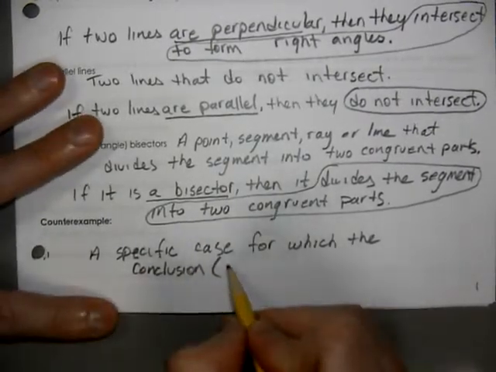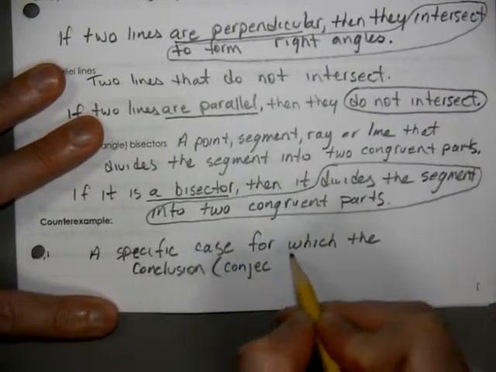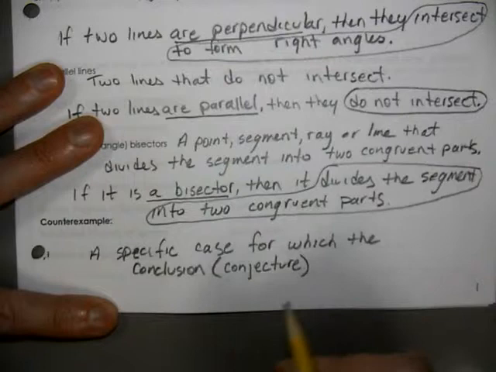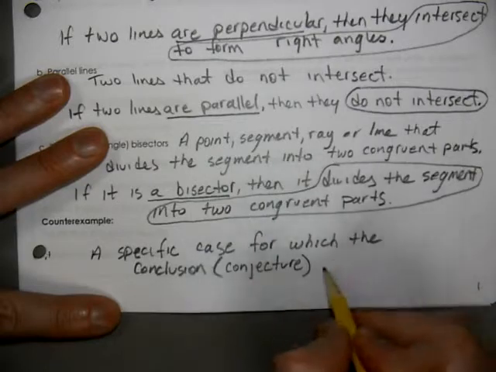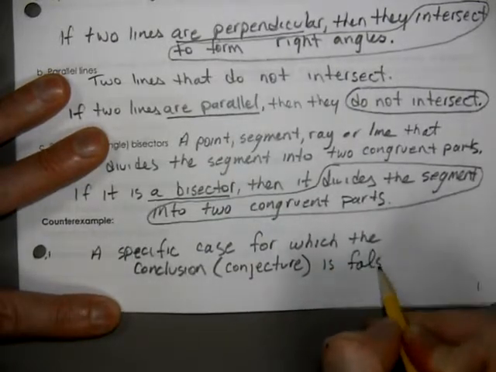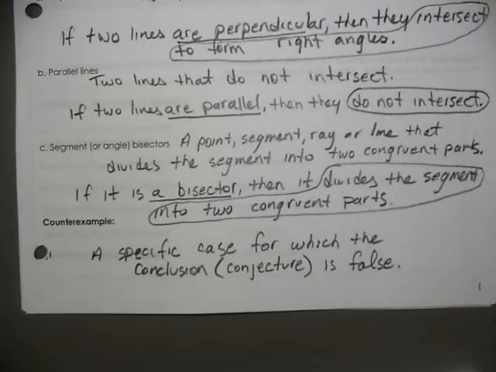Another word for conclusion you'll see in the book is conjecture. If you say all students wear jeans, and you can give examples of this student wears jeans, and that student, that student, a counterexample would be finding one student that does not wear jeans, might be wearing shorts. That would be enough to show that all students do not wear jeans.